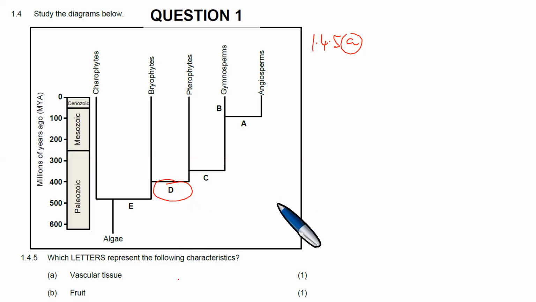Therefore, for vascular tissue, we have letter D.